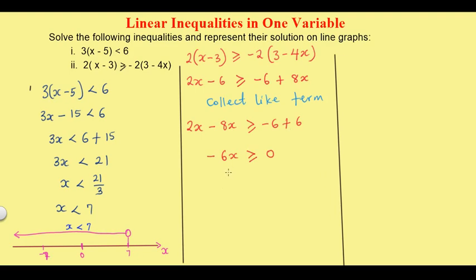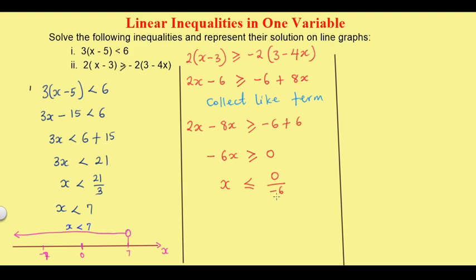So here we want to divide both sides by negative 6. Remember, in inequality, when you divide both sides by a negative number, the sign will change. So we then have x less than or equals to 0 divided by negative 6.